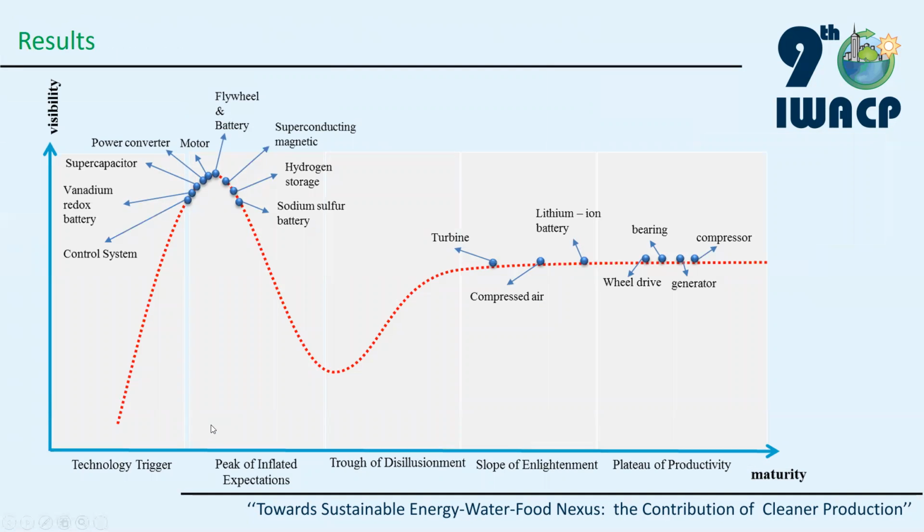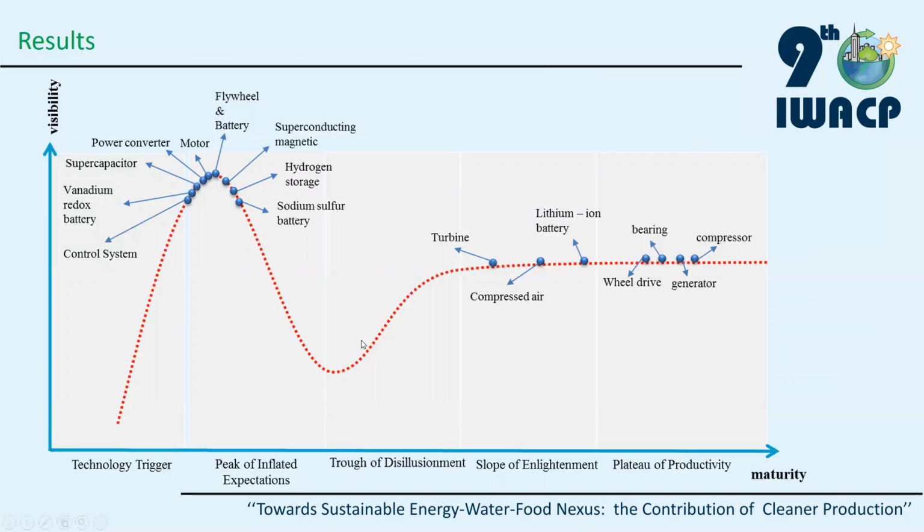So here you can see our research results. As is noticeable, the congestion of the technologies is in the peak of inflated expectations stage. This can be justified by the early stage of smart grid storage concepts and sub-technologies in academia and industry.